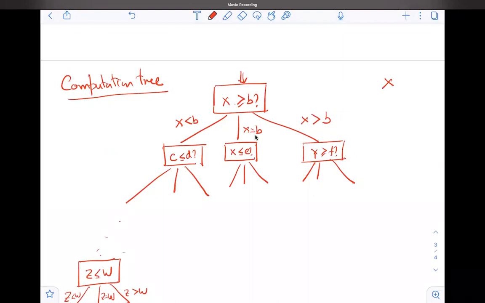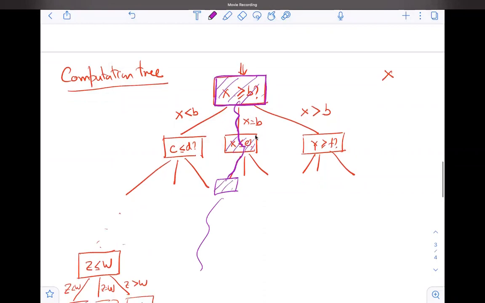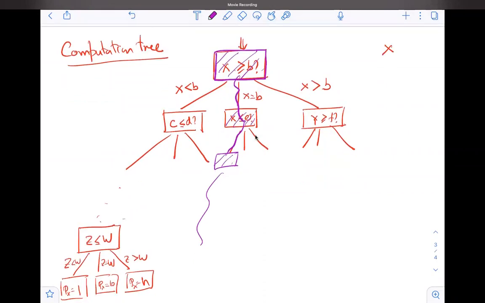An algorithm as a whole will make this kind of tree. A run of an algorithm will ask this question, then depending on the answer, it will go somewhere, then depending on the answer, it will go somewhere, and so on. A run of an algorithm is a path from the root to a leaf. This is one run of an algorithm. This is the whole algorithm together. At the end, it should say, okay, if this is the run that I have done, I will have to output that p of x is something.